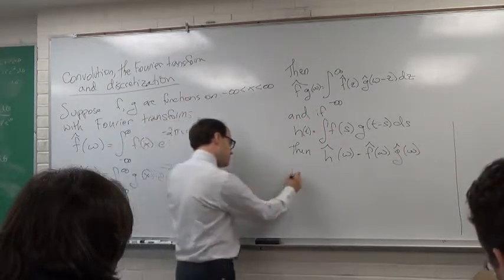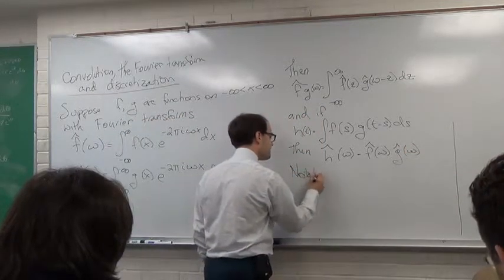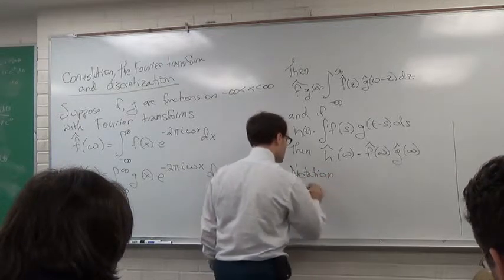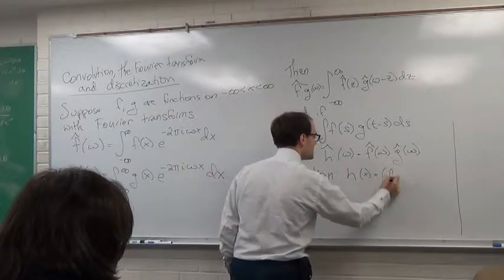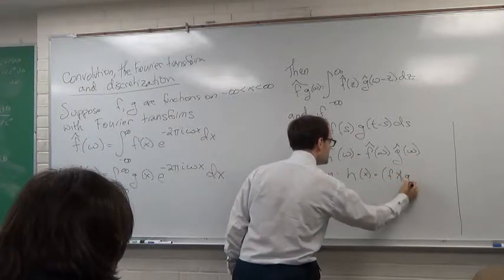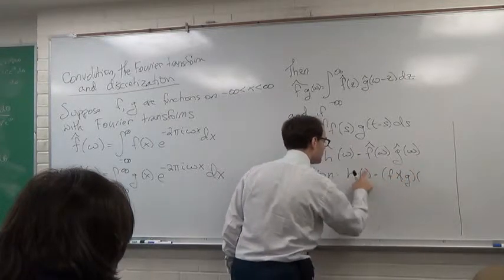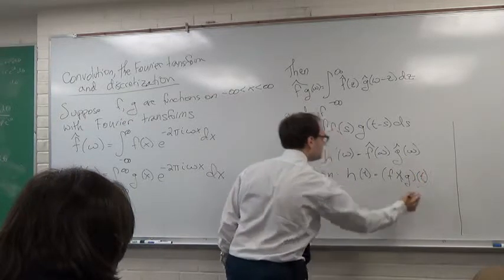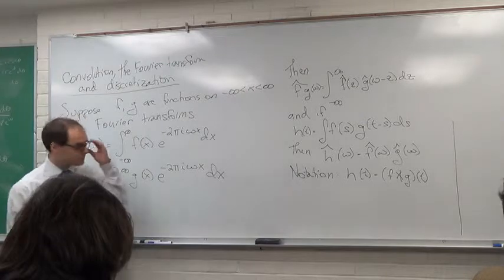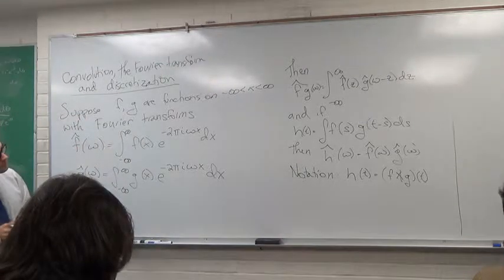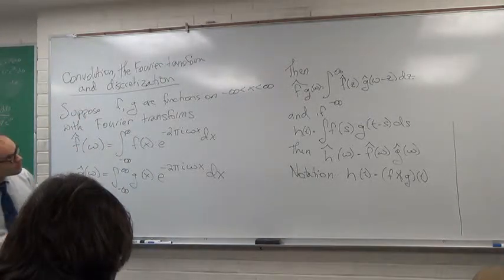And in notation, we sometimes will write h of x as f star g of x. So that star is sometimes used for convolution as well. You don't need hats in the h of t equation?